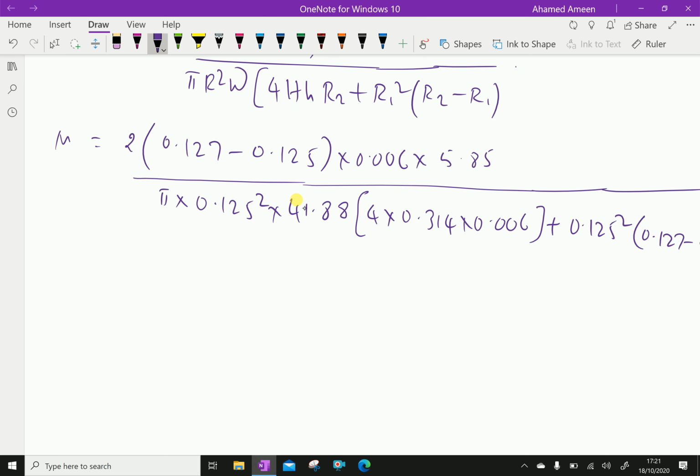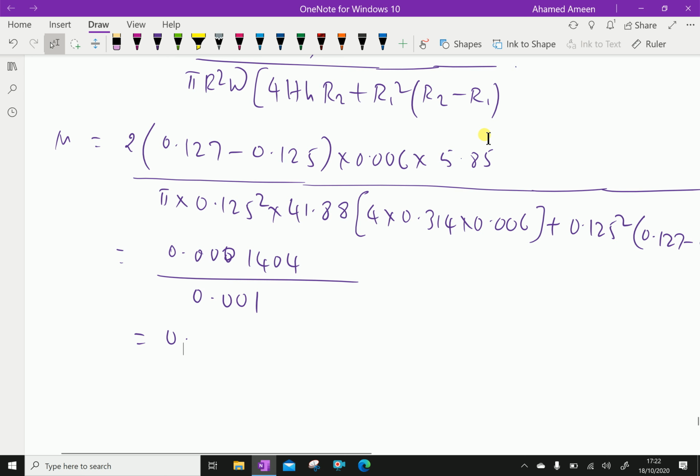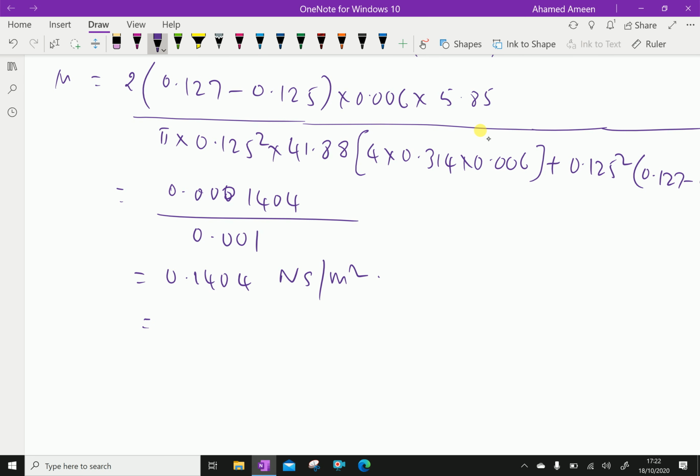So the numerator value is 0.001404 over the bottom value, which is approximately 0.01, which gives 0.1404 Newton second per meter squared. Multiplying by 10 gives poise, 1.404 poise.